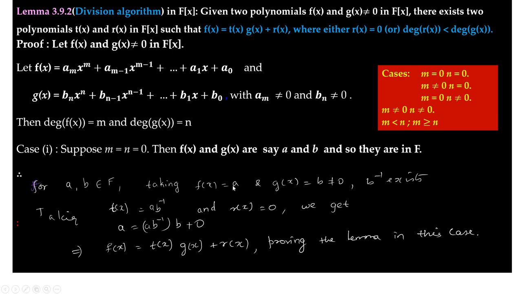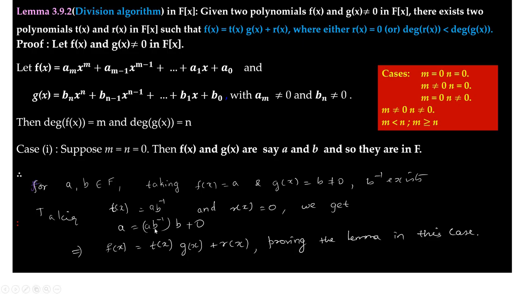Here we have taken it as 0, I mean a. Nothing wrong in having it as 0 also. So in that case, we will have 0 into b plus 0. So we shall take f of x to be some a, and that a we write as a b inverse into b plus 0.